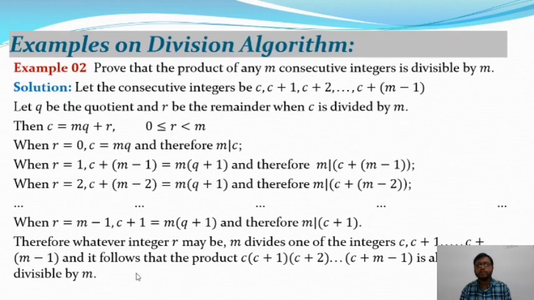So whatever the integer r may be, m divides one of the integers c, c plus 1, c plus 2 and up to c plus m minus 1, and it follows that the product c into (c plus 1) into (c plus 2) and up to (c plus m minus 1) is always divisible by m. By the property of divisibility, the product is also divisible by m.